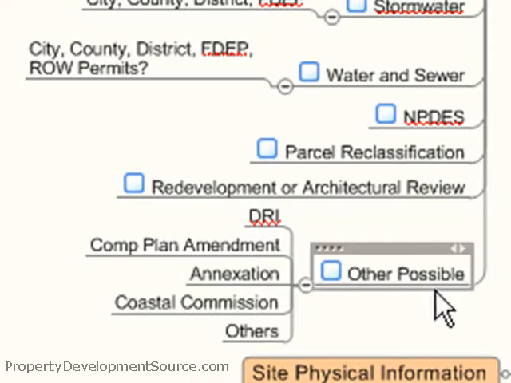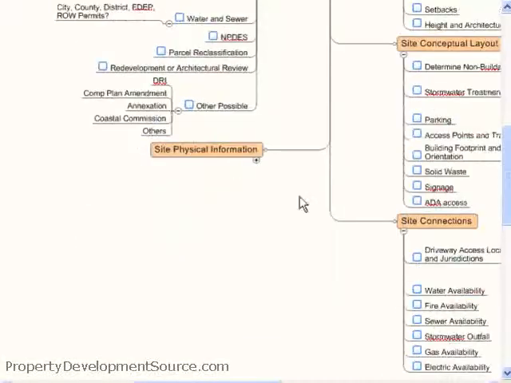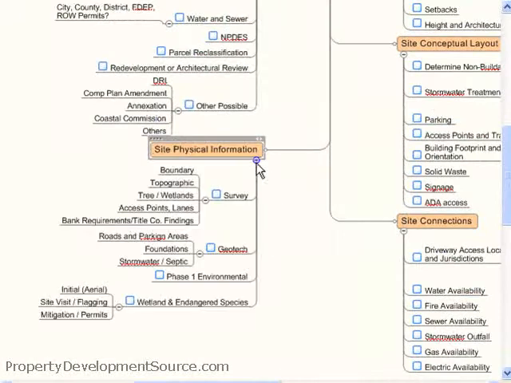Other possible permits, development of regional impact if it's a large site, or even if you're a small site that's in an area that has previously done a DRI, you need to be aware of that. Any comp plan amendments, as I mentioned, annexation, if it's on the coast, maybe a coastal commission permit will be required. Just want to lay all that out in your initial due diligence report.